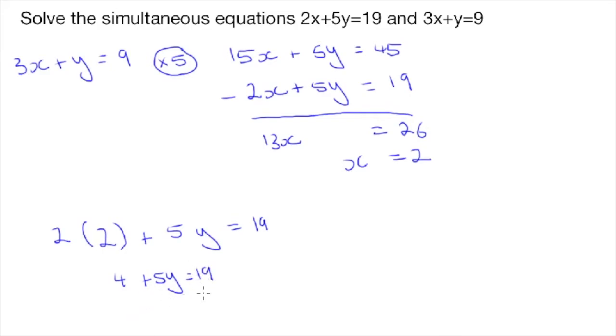Subtract 4 from both sides of the equation, and you'll get 5y is 15. And then divide both sides by 5 to isolate the y. You'll get y equals 3. Simple as that. X is 2, y is 3.